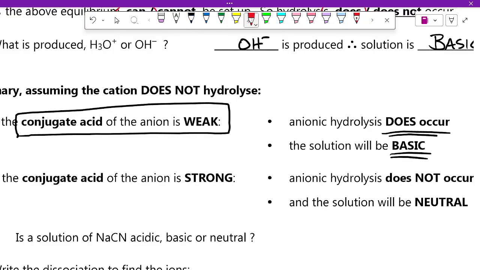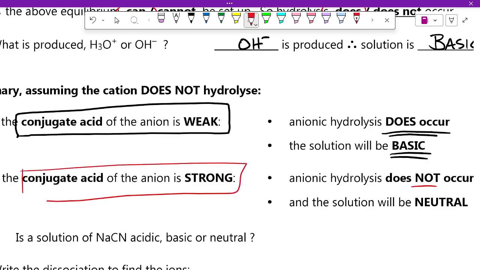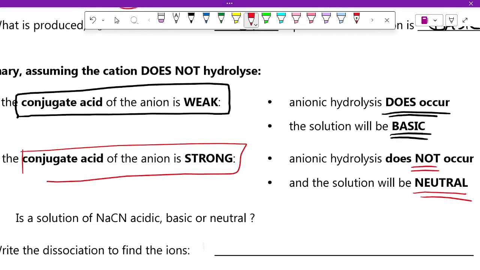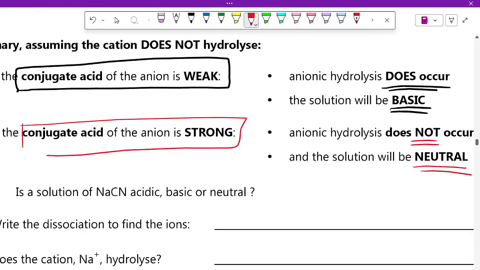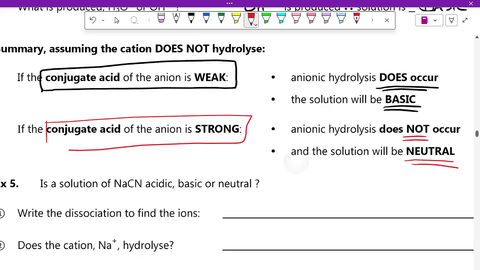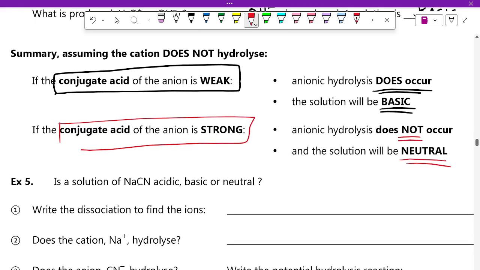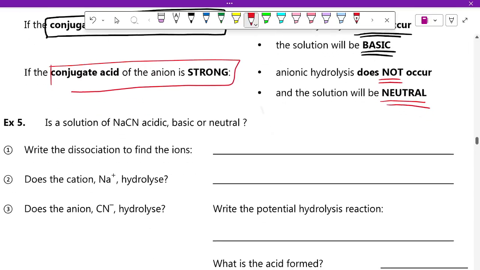But if the conjugate acid is strong, you will not get anionic hydrolysis and the solution will be neutral. So let's take a look at NaCN. Can you guys do this on your own? Give it a try.